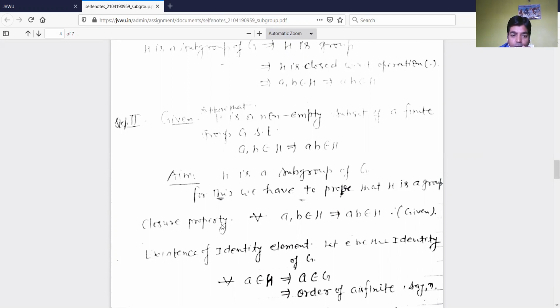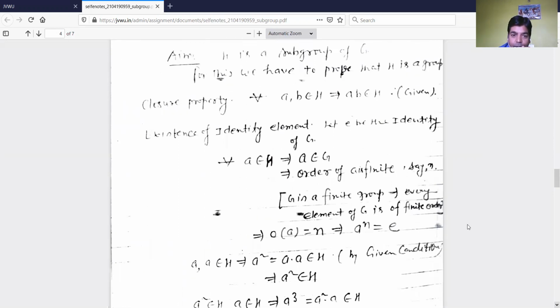We show closure, existence of identity, and the other properties. For closure, for all A, B belongs to H implies AB belongs to H. It is given, so the closure property holds.